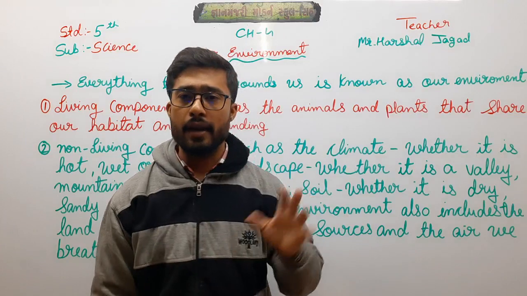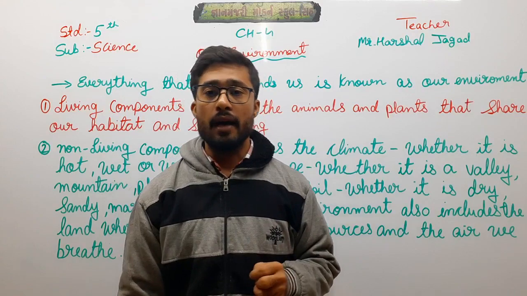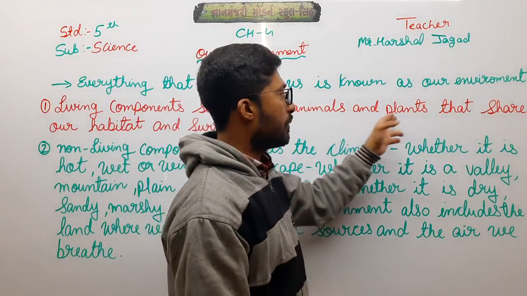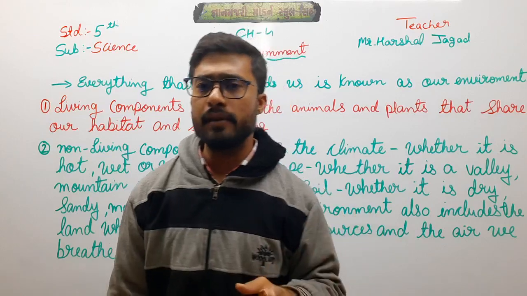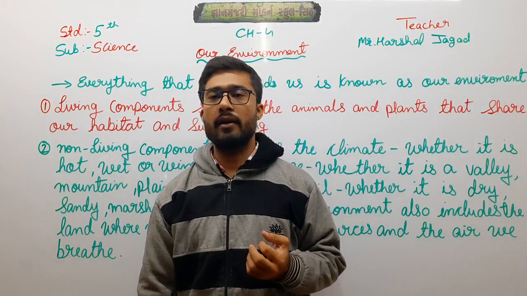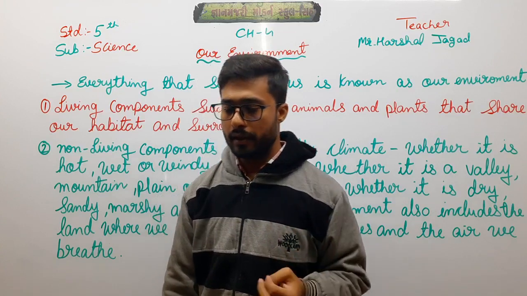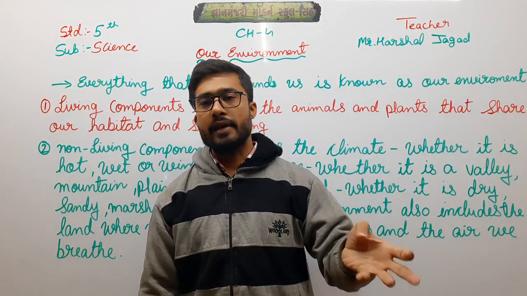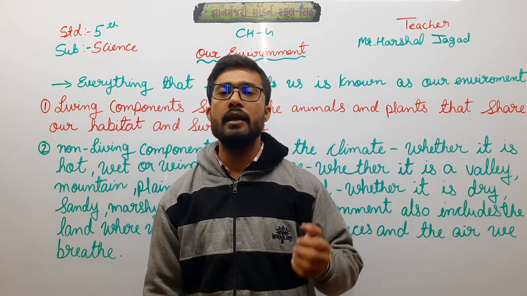The living components are the animals and plants that share our habitat and surrounding, the animals and plants in our surrounding. Then the non-living components are the things which are non-living and that share the environment.